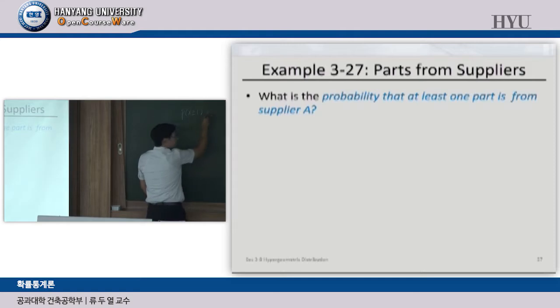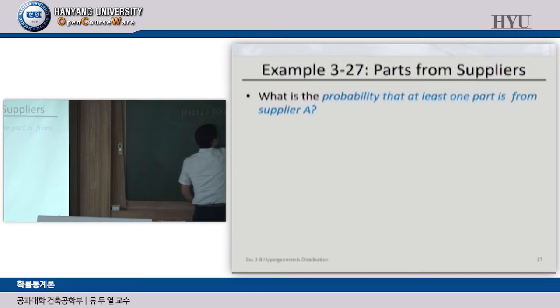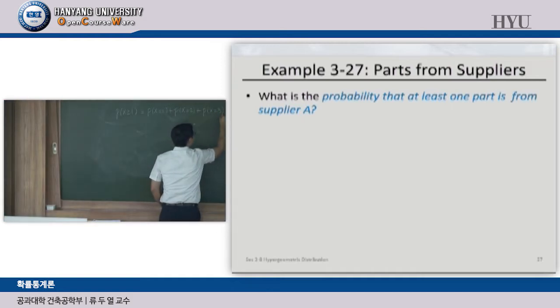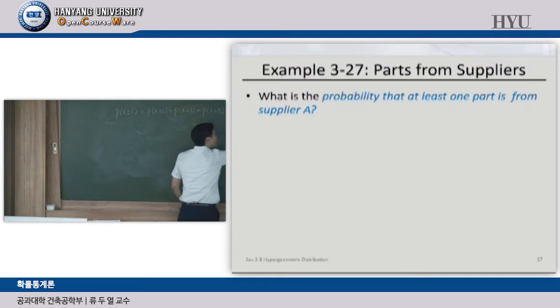But to calculate this, we have to calculate the probability of x when x is equal to 1 plus the probability of x when x is equal to 2, the probability of x when x is equal to 3, the probability of x when x is equal to 4.